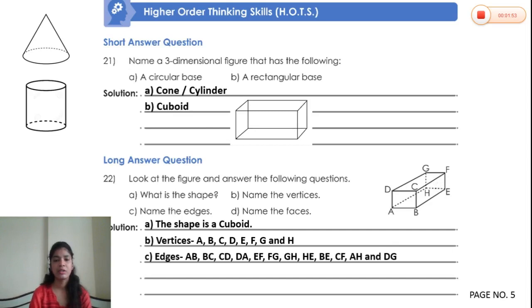So here are the names of the edges. Now in a cuboid there are 12 edges. So whenever we are naming, we have to write carefully.